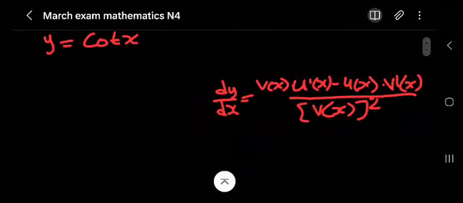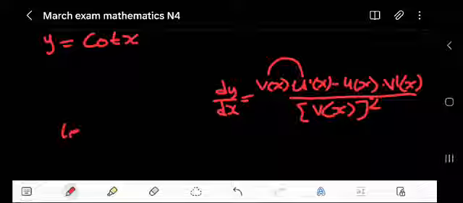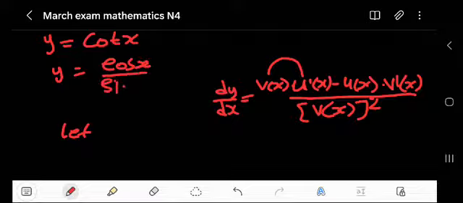So we have v and u, right? So remember, cot x is the same as cosine x divided by sine x.